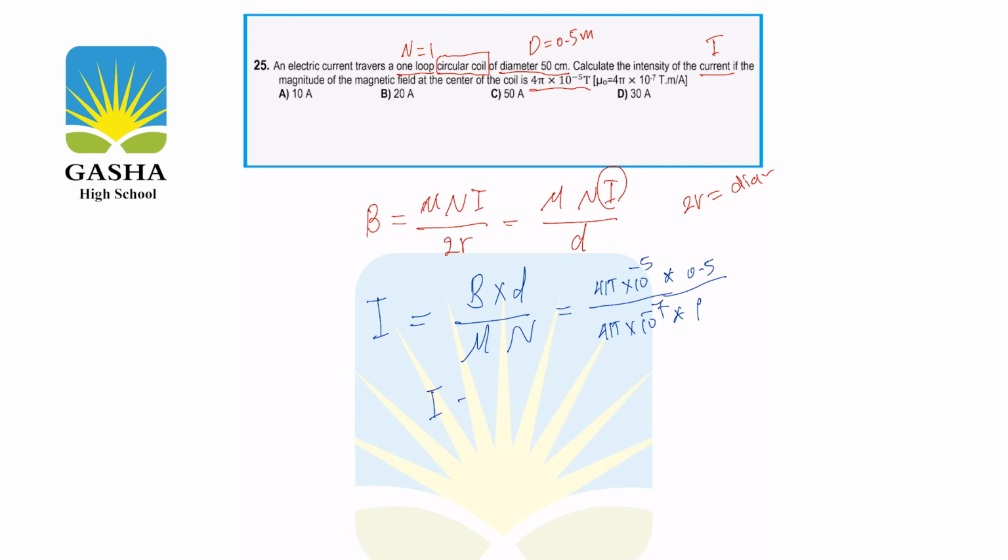When you calculate it with a calculator, you get 50 ampere, and 50 ampere makes C the correct answer.